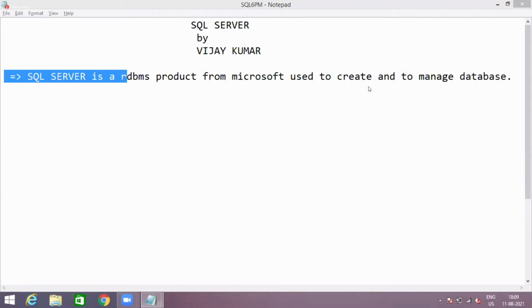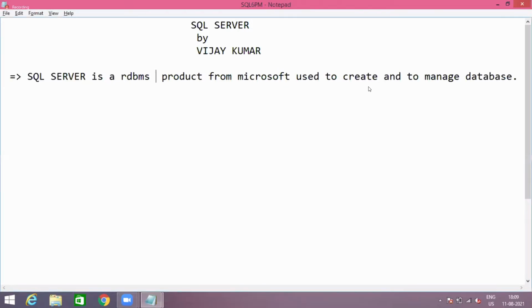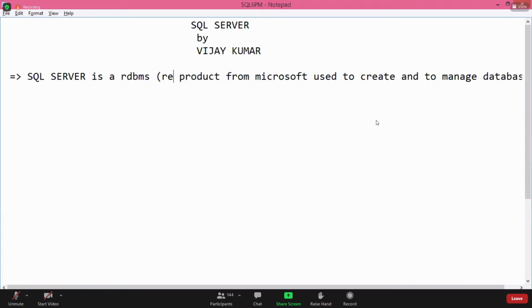What does RDBMS stand for? RDBMS stands for Relational Database Management System. So, a product from Microsoft, used to create and manage databases.